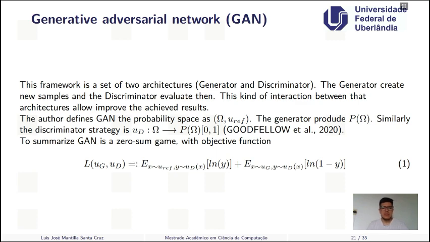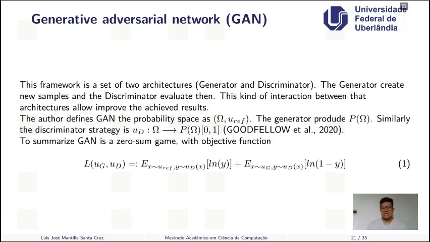Well, the second interesting concept is the generative adversarial network, GAN, which is a framework that we can say is a set of two architectures, the generator and the discriminator. The generator creates new samples and the discriminator evaluates them. They use a probability space.